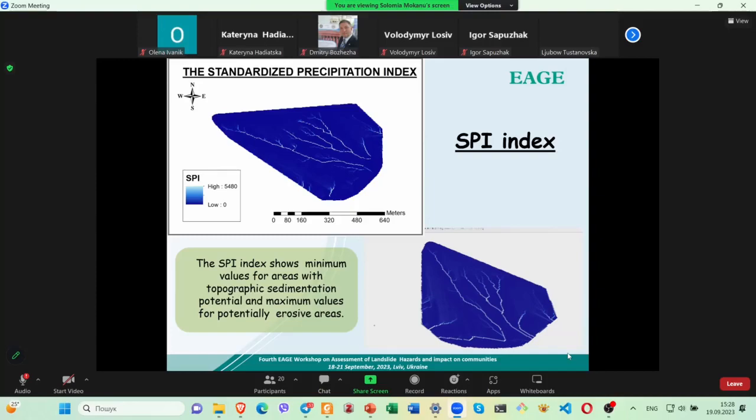The highest values are associated with a significant slope, while the lowest values represent relatively flat areas, which are prone to flooding, sediment deposition and accumulation.